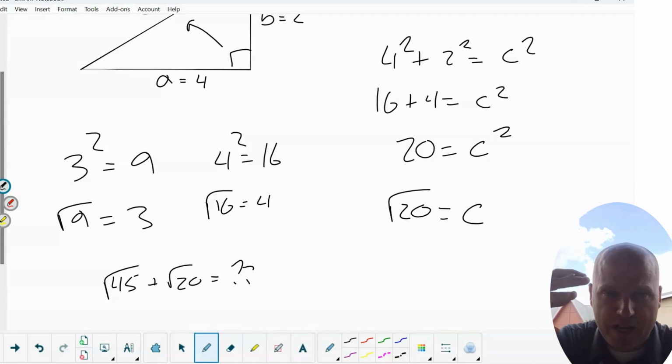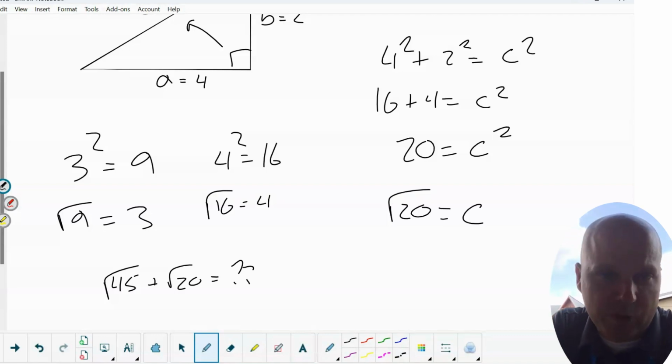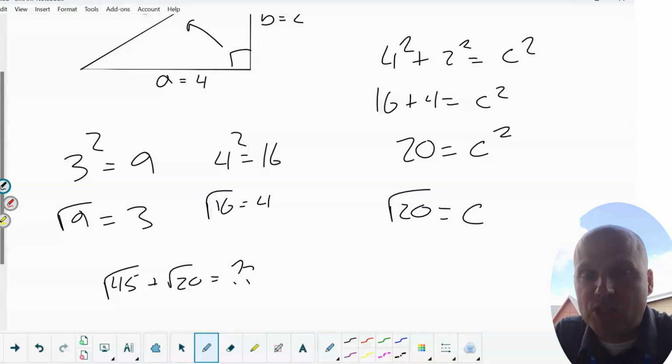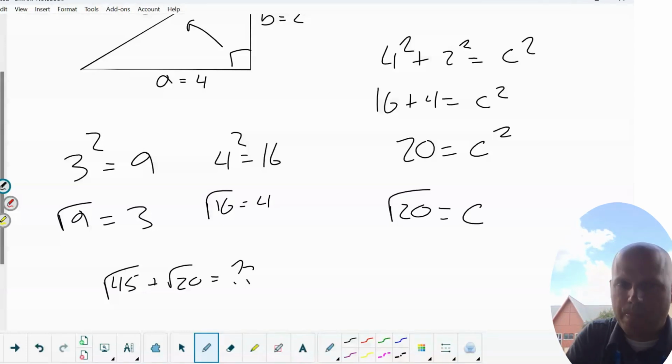Now, simplifying square roots, simplifying radical expressions, there are many different ways to do it. You might have been taught a different way in the past. I try to keep it simple. You know 8 squared is 64, so the square root of 64 is 8. You know that the square root of 49 is 7 because 7 squared is 49.